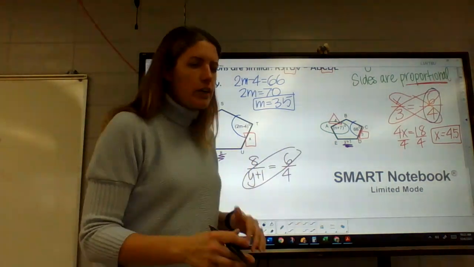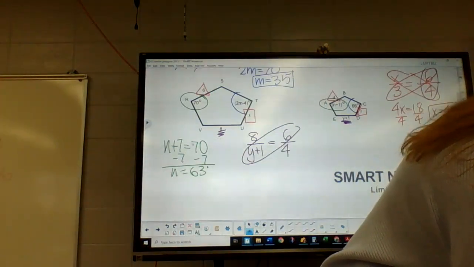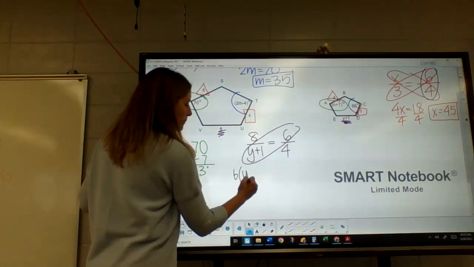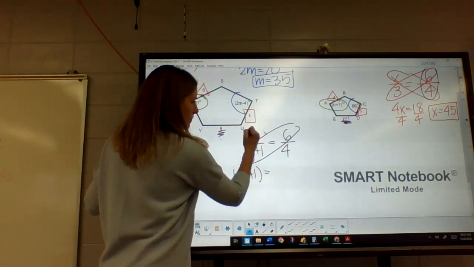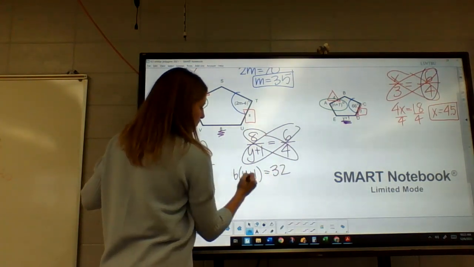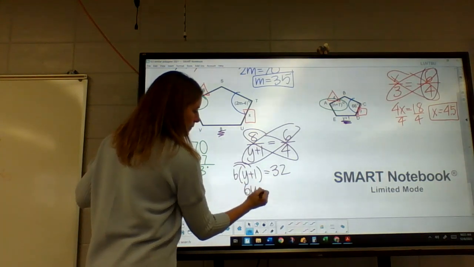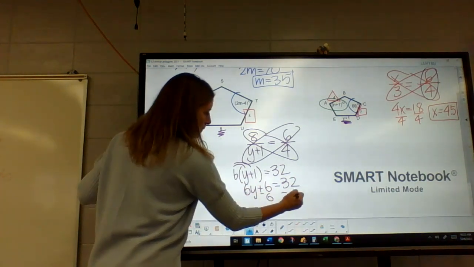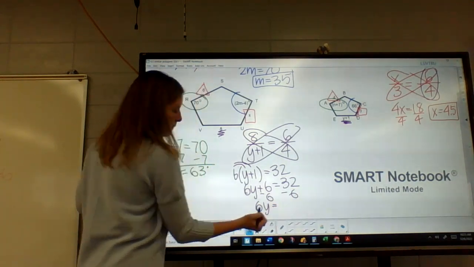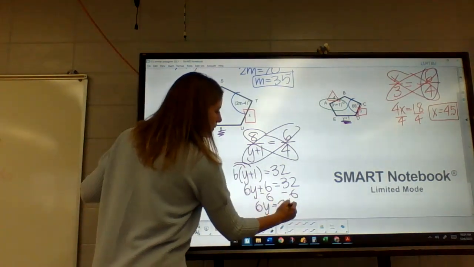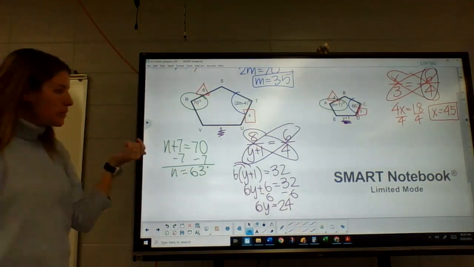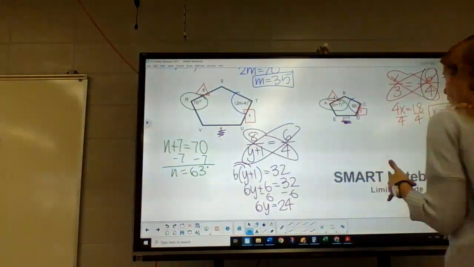Now careful here. Here's where our proportions are important. That 6 has to be multiplied by y plus 1. And 8 times 4. So 24. And so we move that over, so we find out y is 4.